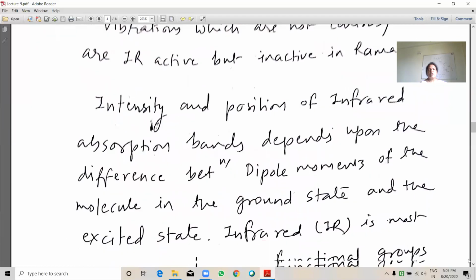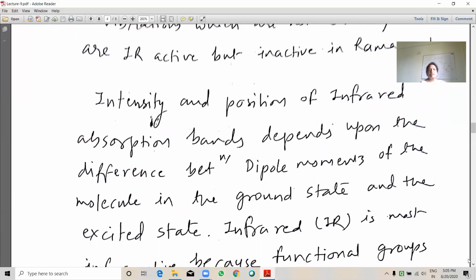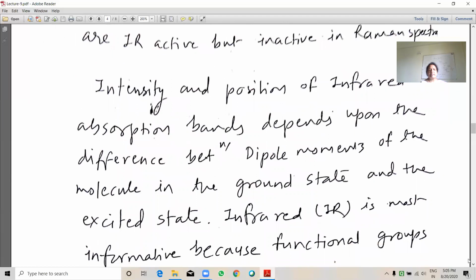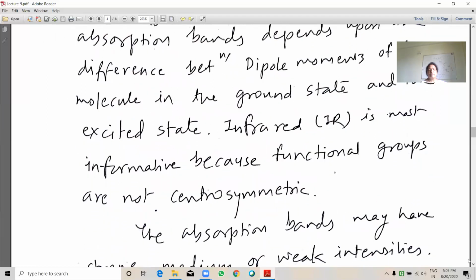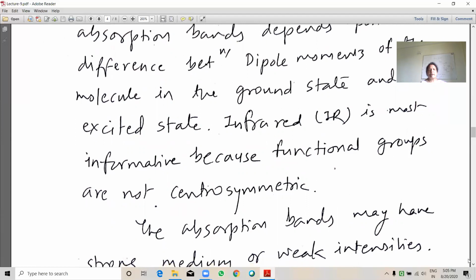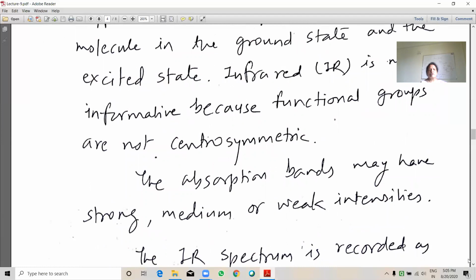Intensity and position of infrared absorption bands depend upon the distance between the dipole moments of the molecule in the ground state and the excited state. IR is most informative because functional groups are not centrosymmetric. The absorption bands may have strong, medium, or weak intensity.